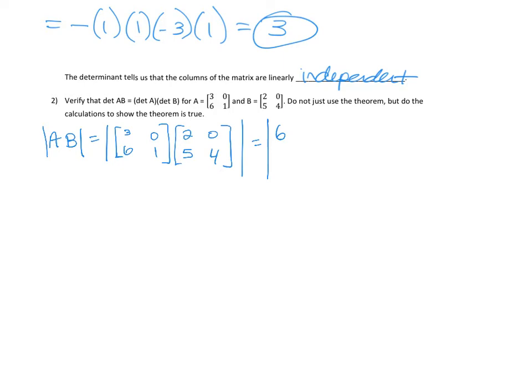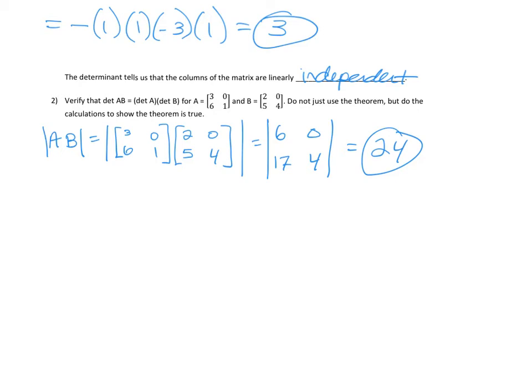And then 0. And then 12 plus 5 is 17. And then 4. The determinant of that is AD minus BC, so 24 minus 0 is 24. Also, that's a triangular matrix, so you can just multiply the diagonal entries and you get 24.